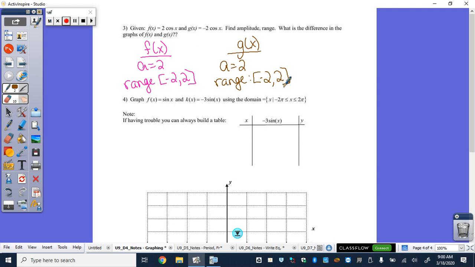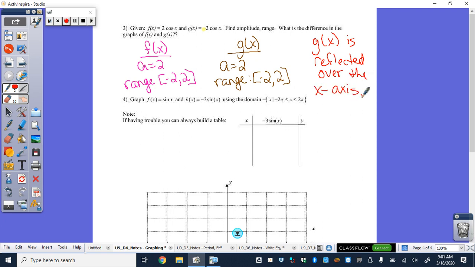The only difference is, again, that negative out in front here. That guy right there. And as I kept saying on the front, the difference is g of x is reflected over the x-axis.